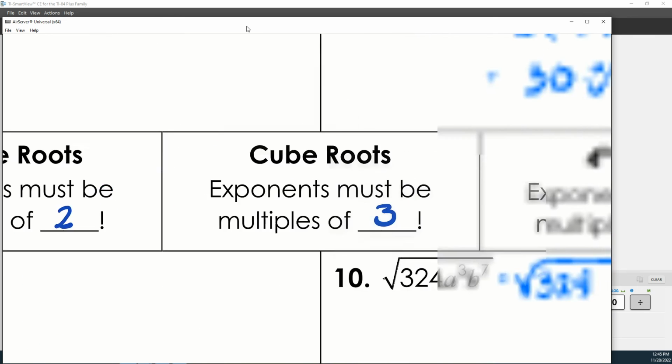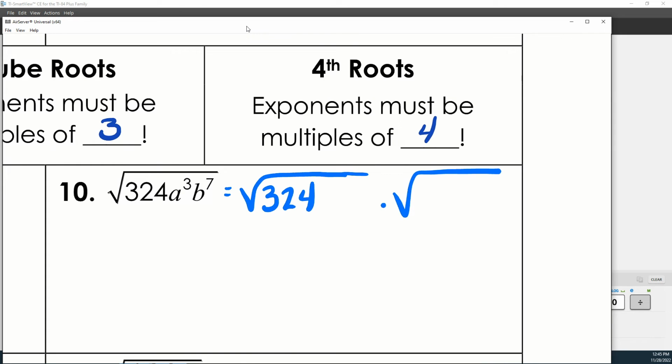All right. So that's going to go in this one. But I need this to equal a to the third. So how many more a's do I need to get a to the third? I need one more a. So I put that a right there. All right, this is confusing. It's going to take a little while for it to sink in.